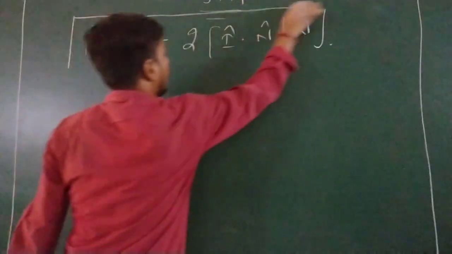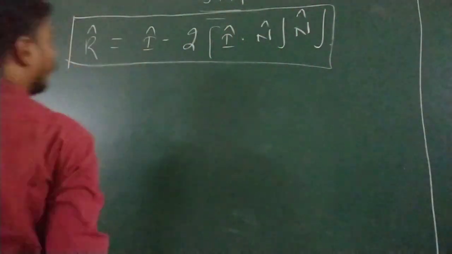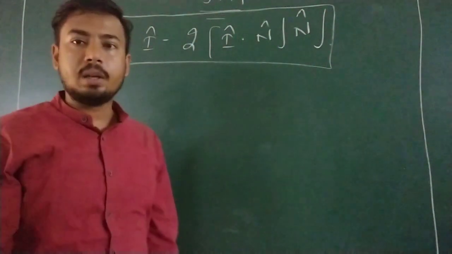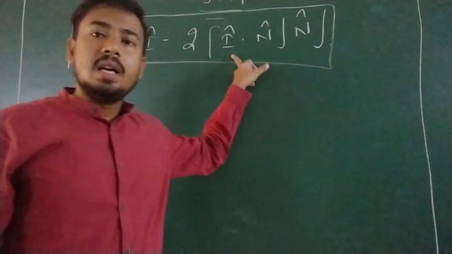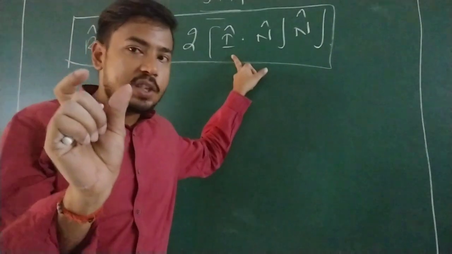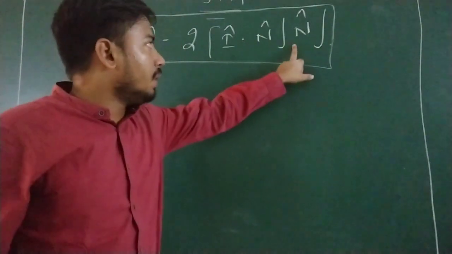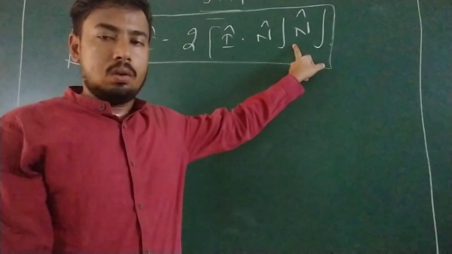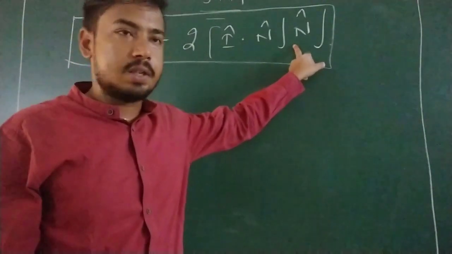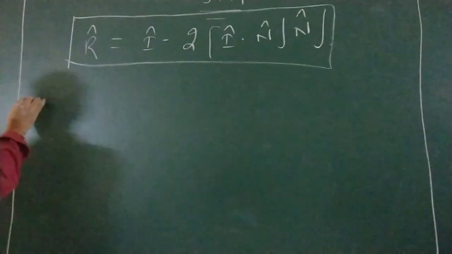And I have already explained what i cap and n cap mean. i cap means unit vector in the direction of incident ray. n cap means unit vector in the direction of normal. Okay, so we are going to do the first question. See, example first.